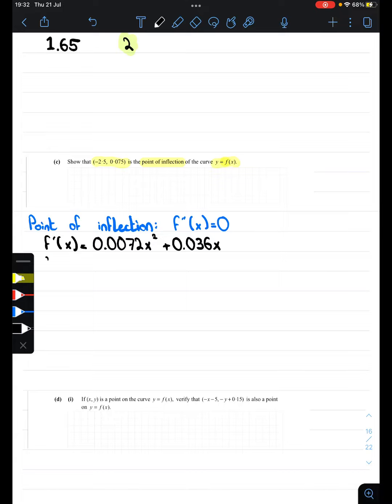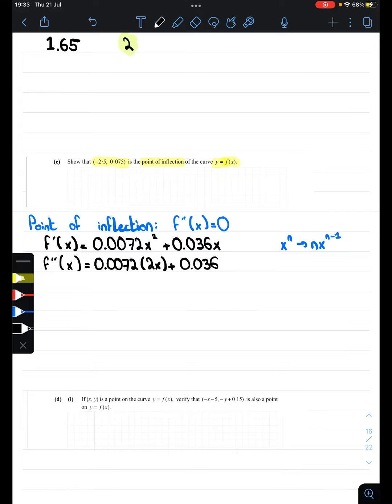Now if we take the second derivative, again using the rule, the derivative of x^n is n times x^(n-1). f''(x) will be 0.0072, constant stays there, by 2x plus just 0.036 by 1, or well, just 0.036.